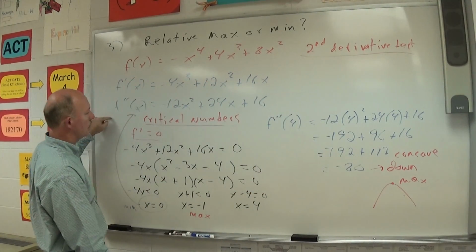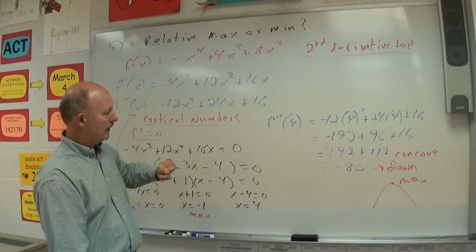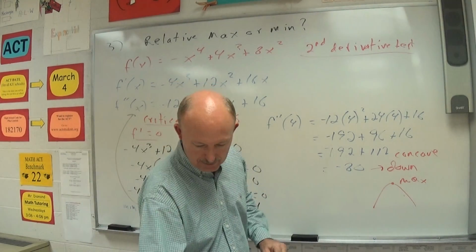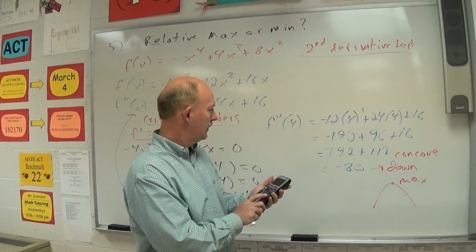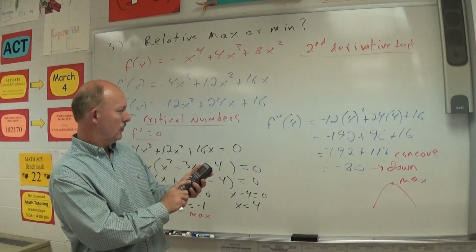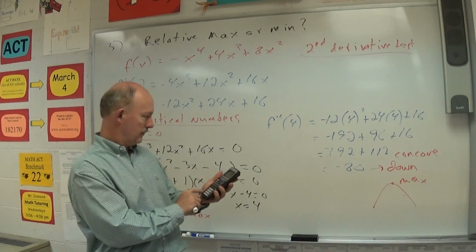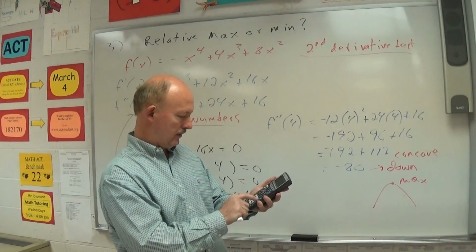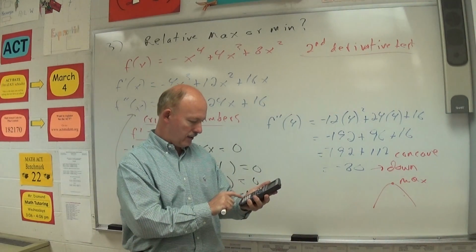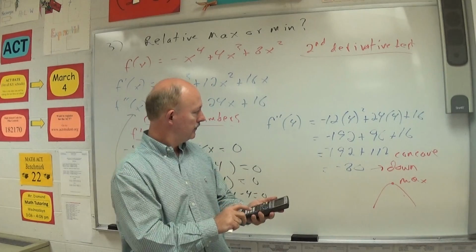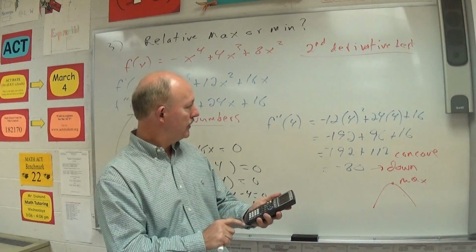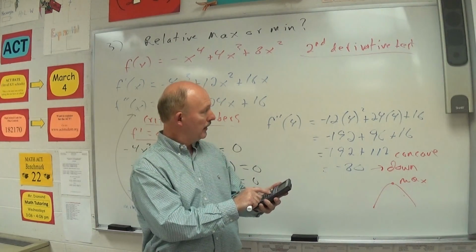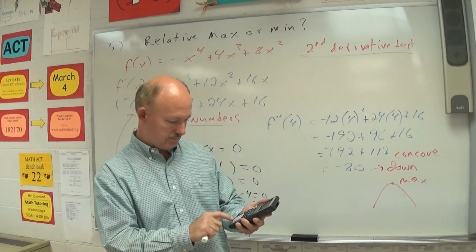So this is our second derivative, and that's right. Let's check my calculations again: negative 12 times 4 squared, so times 16, plus 24 times 4, which is 96.